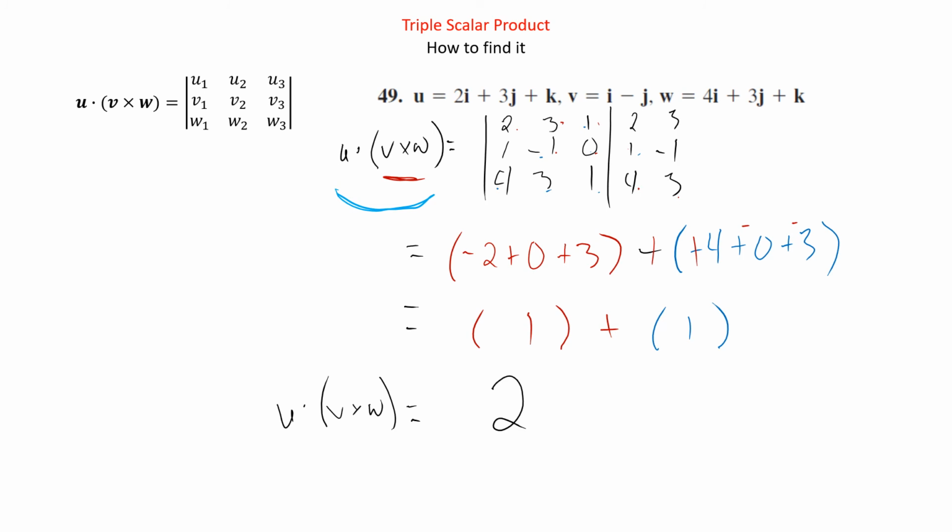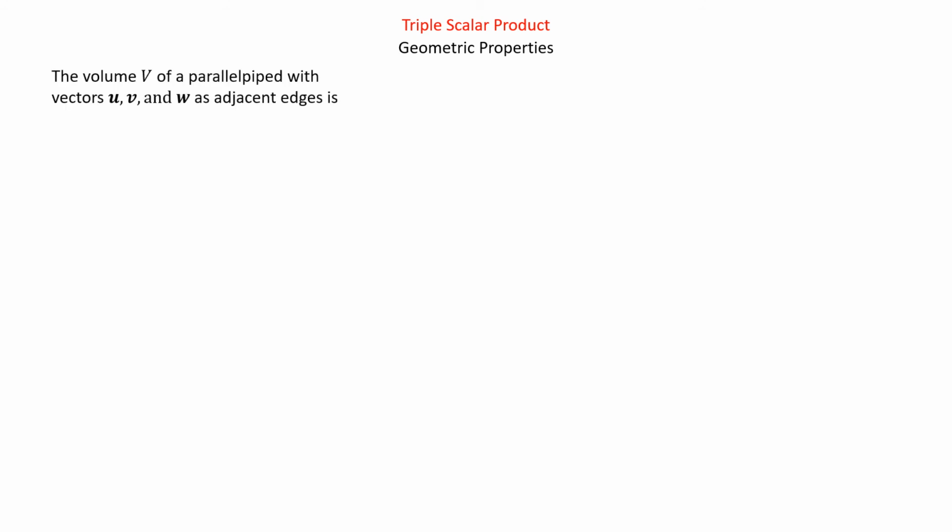So that's what the triple scalar product is, or it's how to find it. The question though is, what is it? Like, why would we find that? What are the geometric properties of this? Well, the volume V of a parallelepiped with vectors u, v, and w as adjacent edges is the absolute value of the triple scalar product.